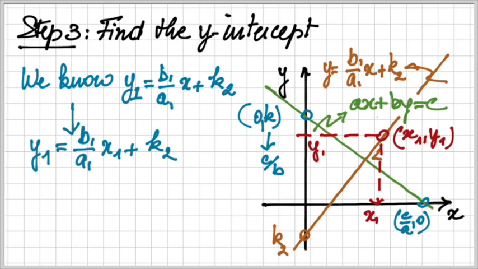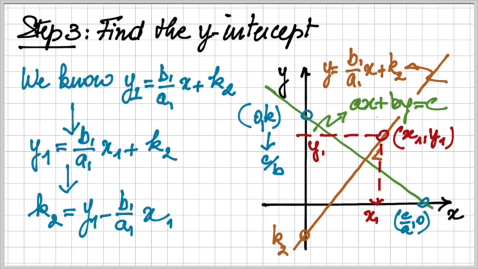So we have in fact the different equations, and we can find k2 by putting all the known parameters y1, b1 divided by a1 and x1 on one side, and k2 on the other side. Like we have it here, k2 on the left-hand side, and y1 minus b1 divided by a1 times x1 on the right-hand side. And we find the value of k2.